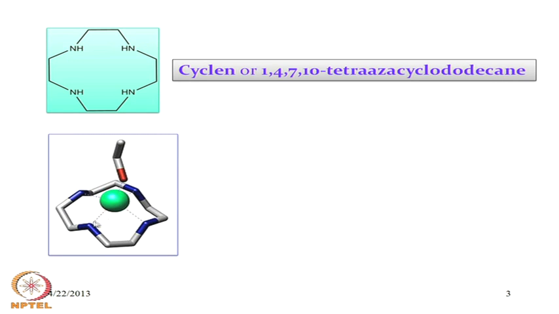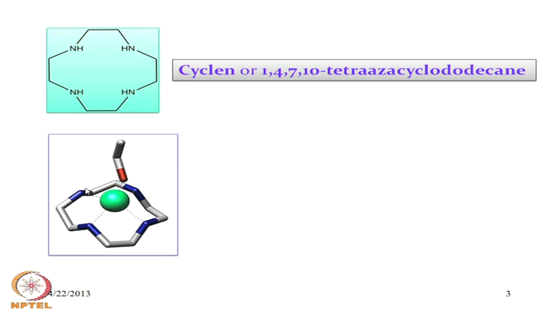So, when we look at how this particular geometry can bind, because these are all saturated CH2 groups, those are all tetrahedral carbon. So, when the tetrahedral carbon tries to bind some metal center, this entire ring basically cannot be a planar one, but it is basically a puckered one, where we see that 4 nitrogen atoms, these NH groups, this is the first nitrogen, this is second, this is third and the fourth one.